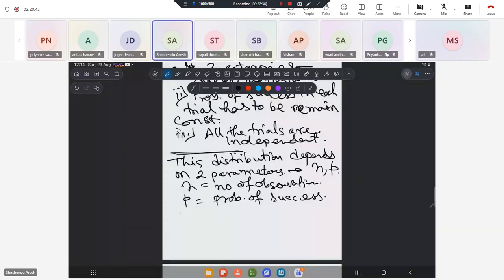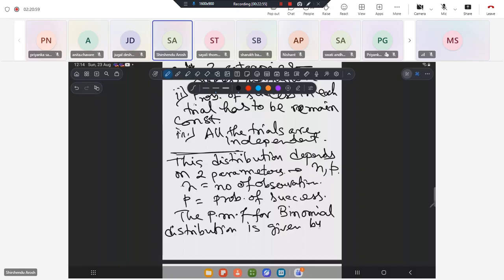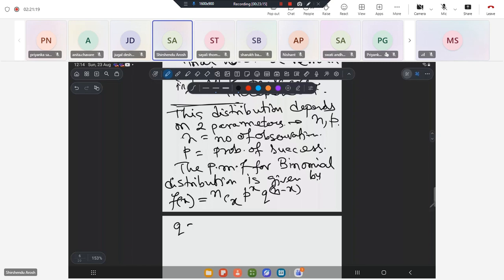If these two parameters are there, then since it is discrete, the PMF for the binomial distribution is given by P of x equal to nCx p to the power x q to the power n minus x, where this q is nothing but the probability of failure, that is 1 minus the probability of success.